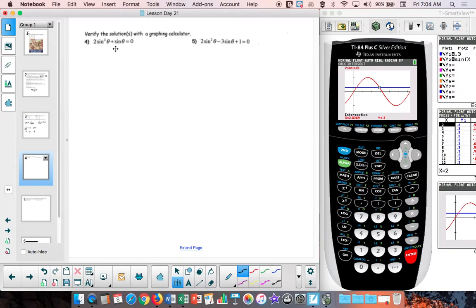But to solve this is a quadratic equation, but the quadratics that you're using aren't just direct variables. They're going to be sine of our variable. So it adds a second layer to this process. My hint to you is, if you're having trouble, swap out one of them for x. So sine of theta is equal to x. Okay? So factor this.